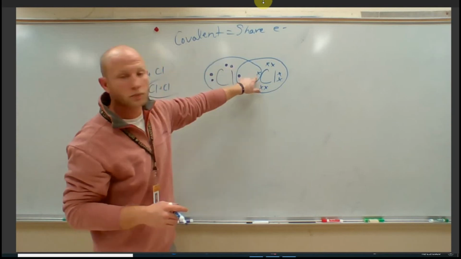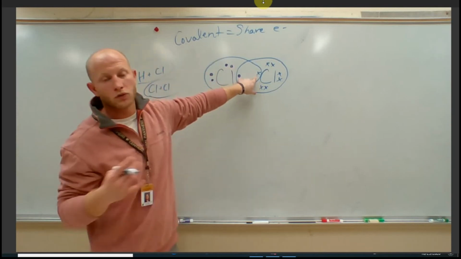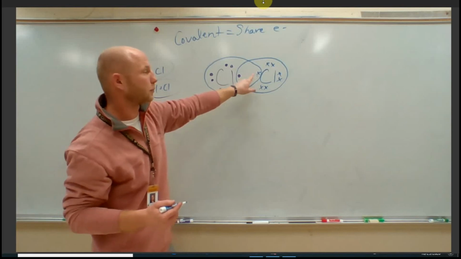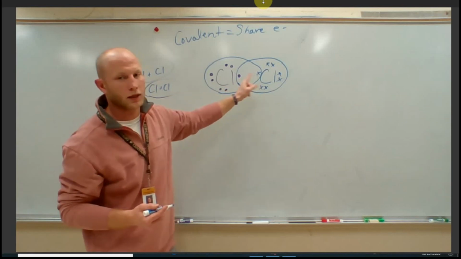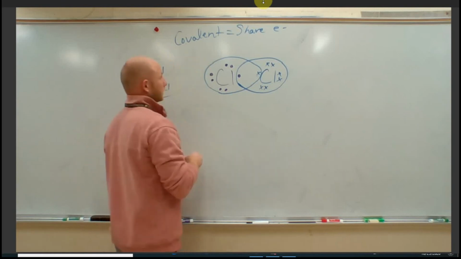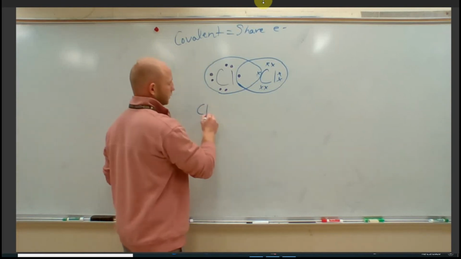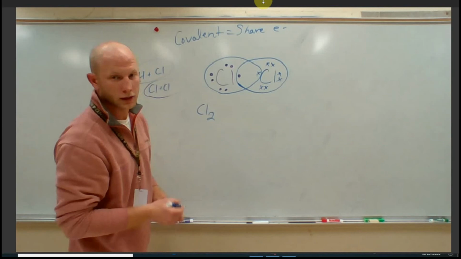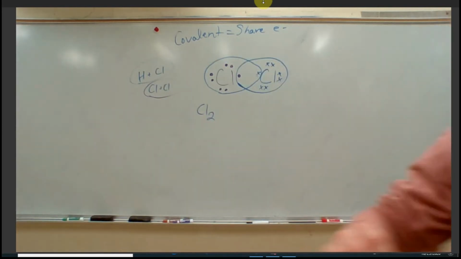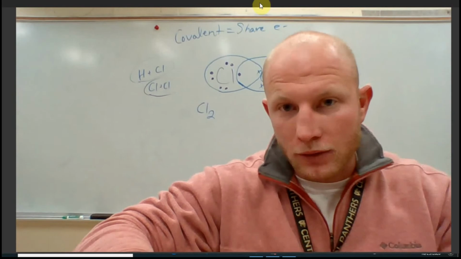When electrons form chemical bonds like this, they do so in pairs. You will not make a chemical bond with 1 lone electron from one atom or the other. Okay? So anyways, that's what Cl2, chlorine gas, looks like. That's poisonous.